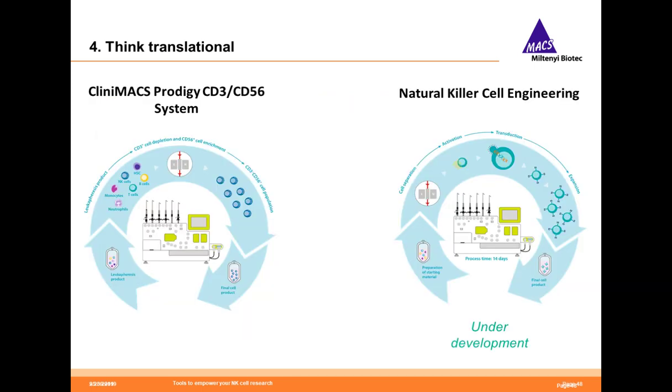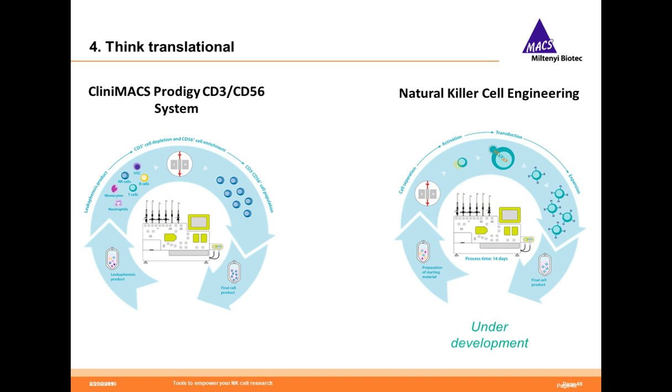For the NK cells, we're working on this, and we have two different processes. One of them is to isolate NK cells, the one on the left, the CD3, CD56 system, and the other one we're working on is our natural killer cell engineering system. Both of them allow you to start with leukapheresis products, isolate NK cells, and have your final NK cells in your infusion solution, for example, for infusion to a patient.